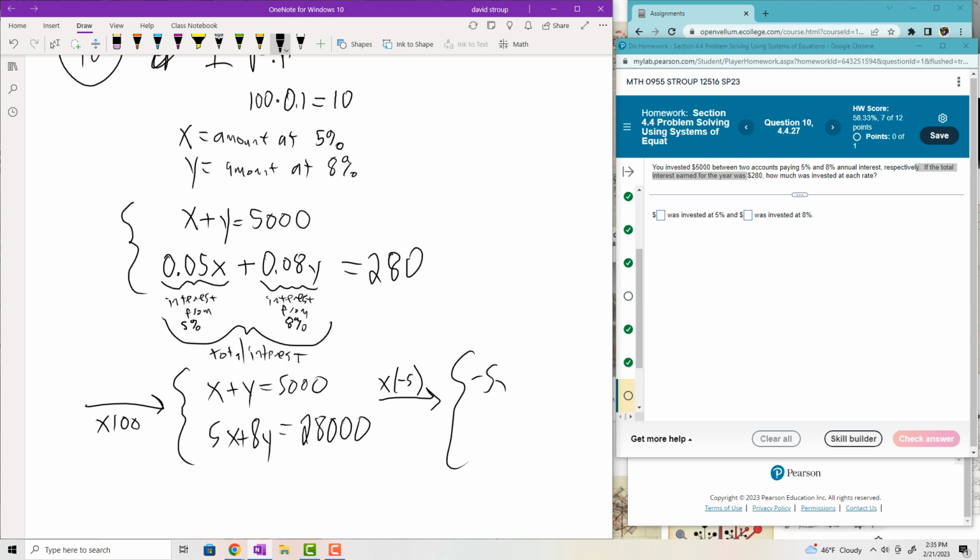And I have -5x minus 5y equals -25,000. And then 5x plus 8y equals 28,000. And then the x's cancel. 8y minus 5y is 3y. That'll equal 3,000. And then divide by 3.